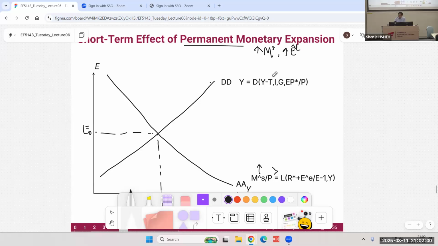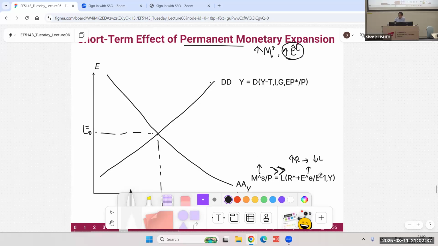And then we have an increase in E hat E, which means that interest rates increase, which means that L decreases. So the inequality becomes larger as a result. With increase in MS and increase in E hat E, the gap between the left side and the right side has enlarged much more than before.